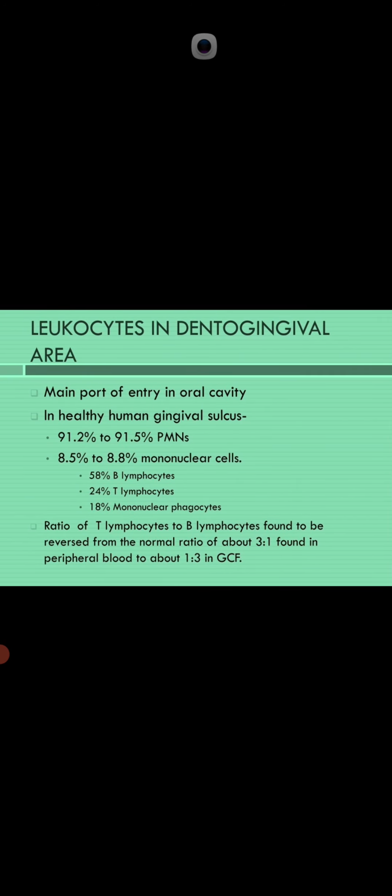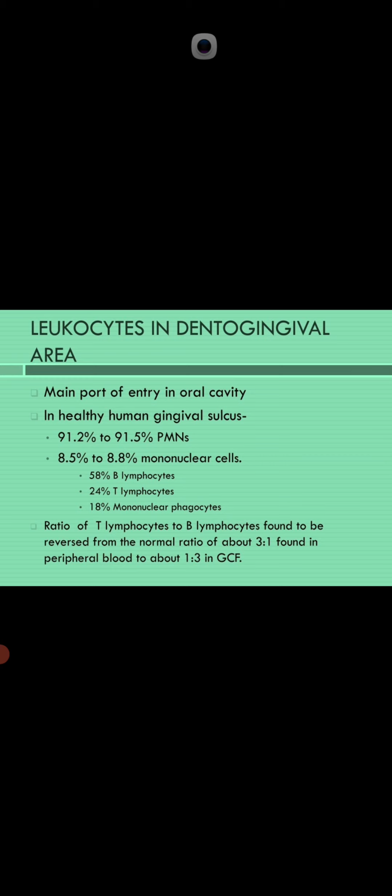Next are the leukocytes in the dentogingival area. The main port of entry for pathogens is the oral cavity. In a healthy human gingival sulcus, these are very, very important: there are 91.2 to 91.5% polymorphonuclear leukocytes.